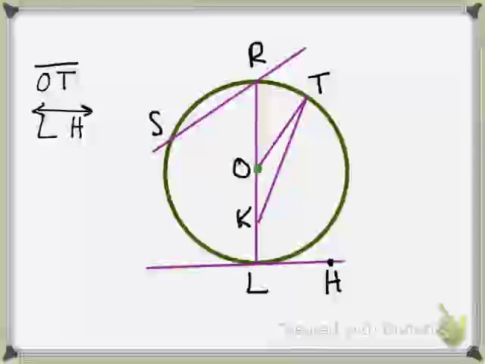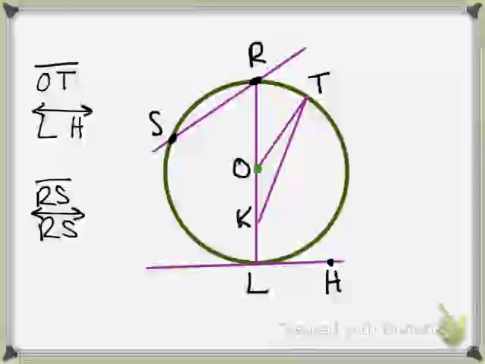What is the difference between RS with a segment symbol and RS with a line symbol? Lines go on forever in both directions and segments are just a piece of that line. Okay, so the segment RS would just go from S to R or vice versa, whereas the line would go on forever.